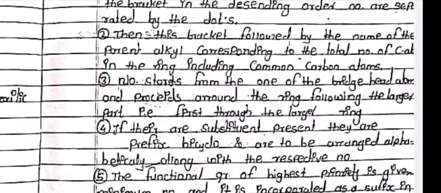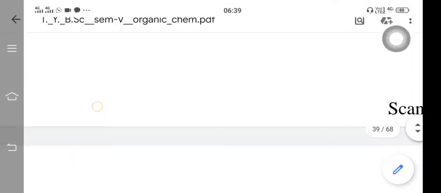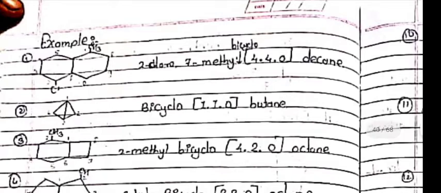Here is a name given for practice so that we can understand this. The total number of carbon atoms is 1, 2, 3, 4, 5, 6, 7, 8, 9, 10.